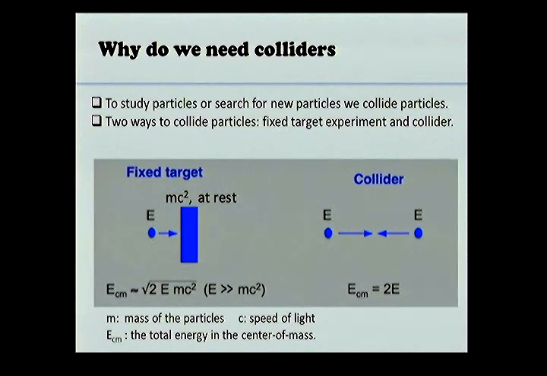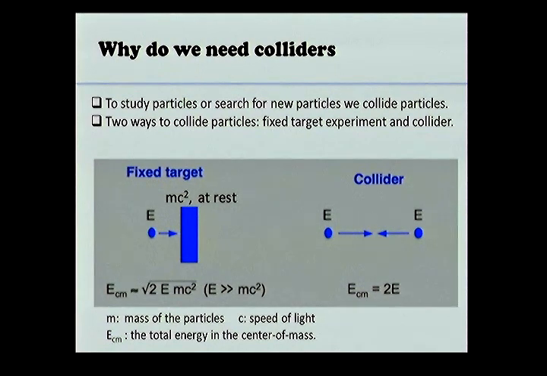Then we move to the collider. In the collider, we collide two particles head-on, both with high energy E. The total energy in the center of mass is given by 2E. Normally, the high energy particle's energy E is much larger than the rest energy, mc squared.